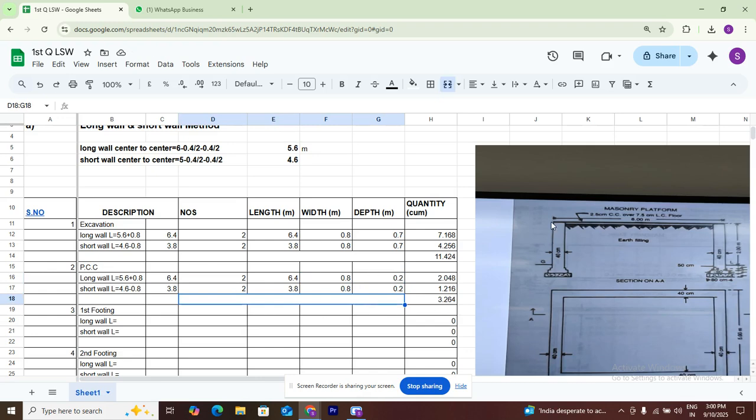Okay. Now I am going to the first footing. Okay, first footing.